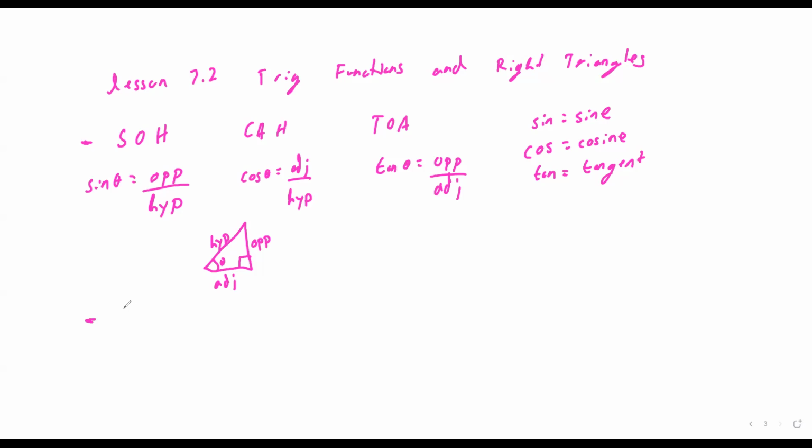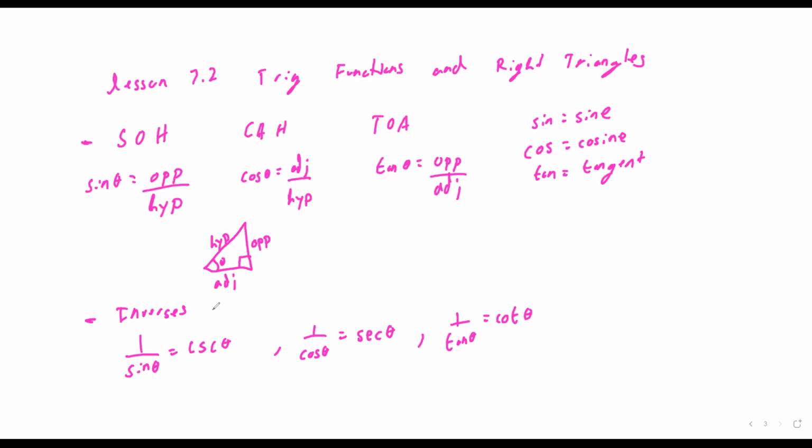Another thing to remind you is inverses of these guys. So if I wanted the inverse of sine theta, which is 1 over sine theta, we could also write it as cosecant of theta. If I want 1 over cosine theta, that is written now as secant theta. If I want 1 over tan theta, this would be the same thing as cotangent theta.